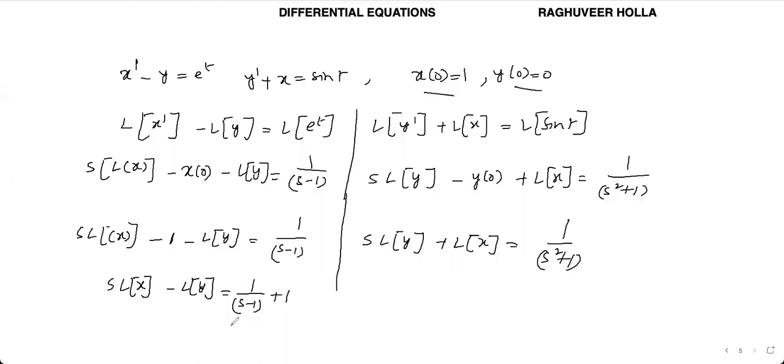When you take this to the numerator and simplify it, minus 1 plus 1 gets cancelled, so you get s by s minus 1.